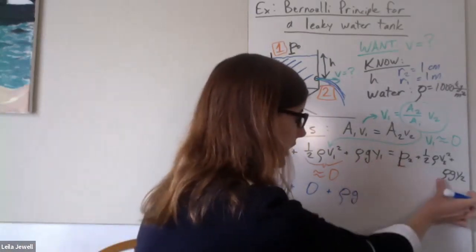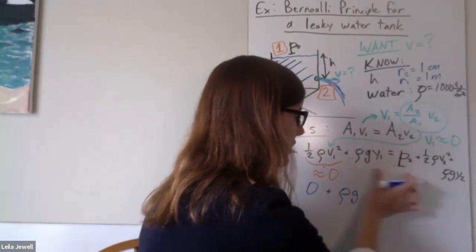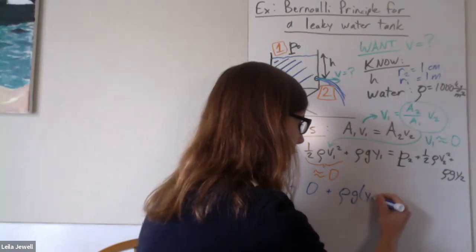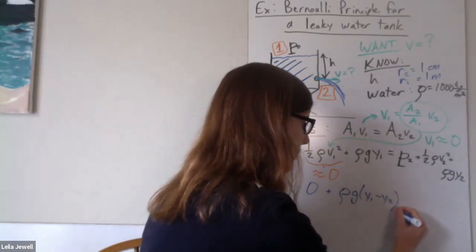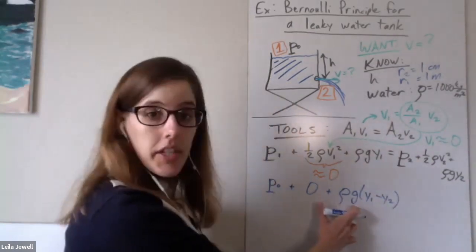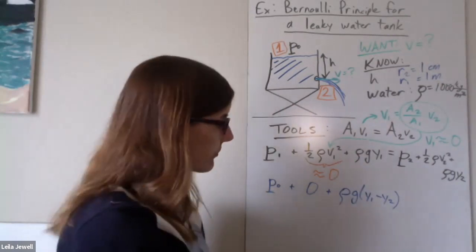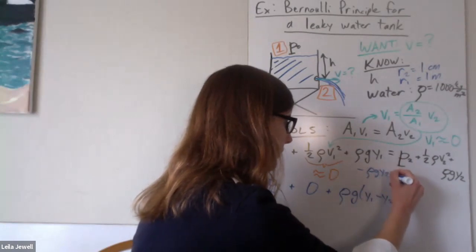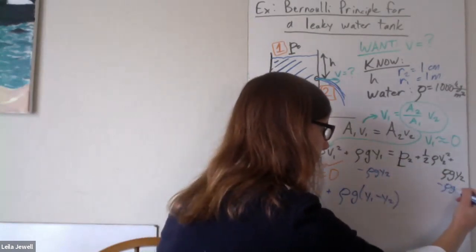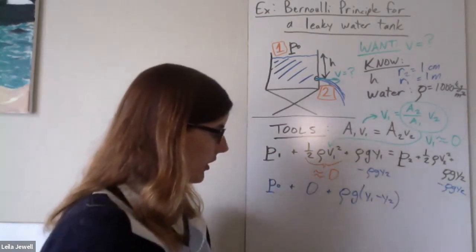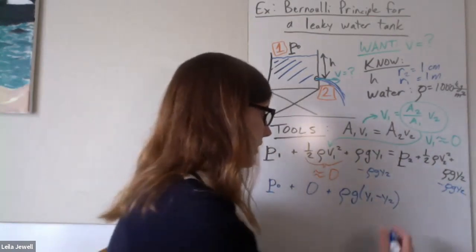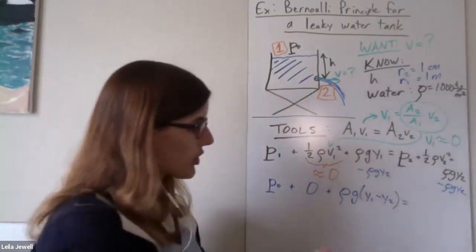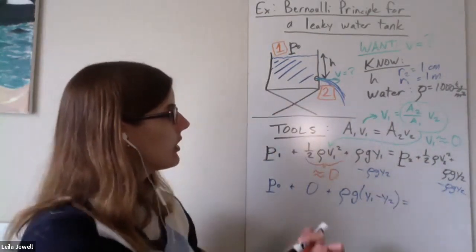So if I subtract that whole term, rho g y2, over here, then the rho and the g are constant. So I can write this as rho g times (y1 minus y2), where I've factored out the density and g after subtracting this over. There we go. And so that's the left side, and that is equal to pressure 2 on the right.